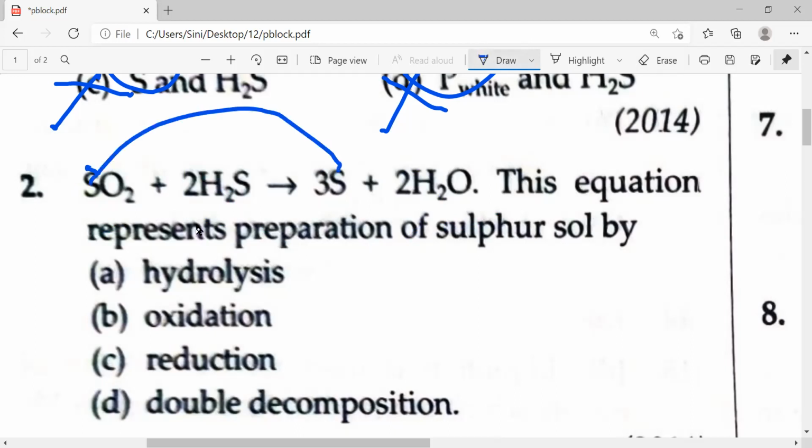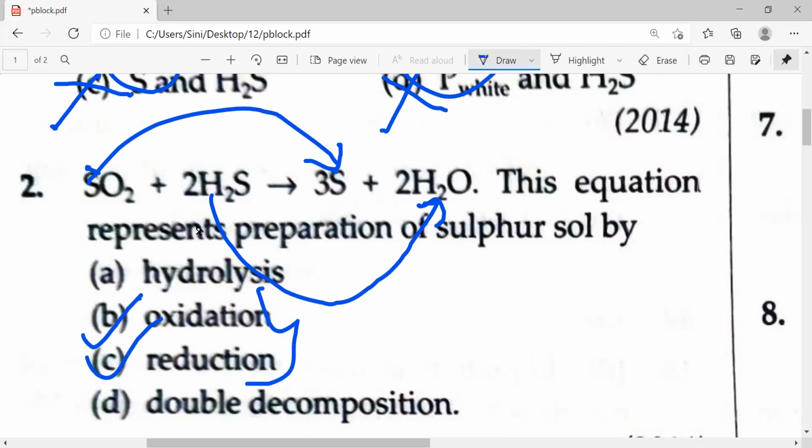SO2 is reduced to sulfur and H2S is oxidized to sulfur. Here sulfur is getting oxidized, right? You got the point. So this represents both oxidation and reduction. So sometimes the question may also be wrong, and you get the marks for that. So this is a redox reaction.